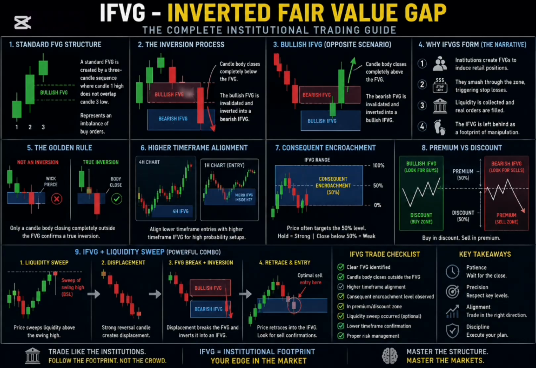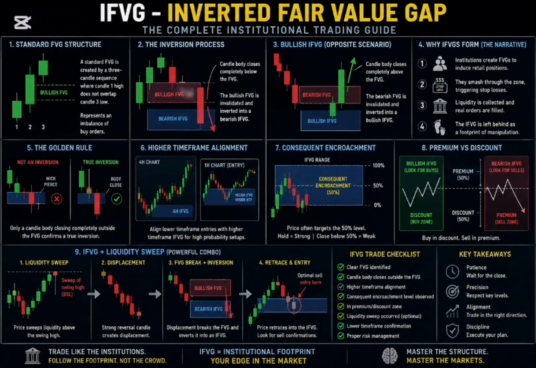An inverse fair value gap on a 1 minute chart does not hold the same way as one on a 4 hour chart. To build a highly profitable strategy, you must always look at higher time frame confluence. The best setups occur when a higher time frame inverse fair value gap aligns with your lower time frame entry trade.